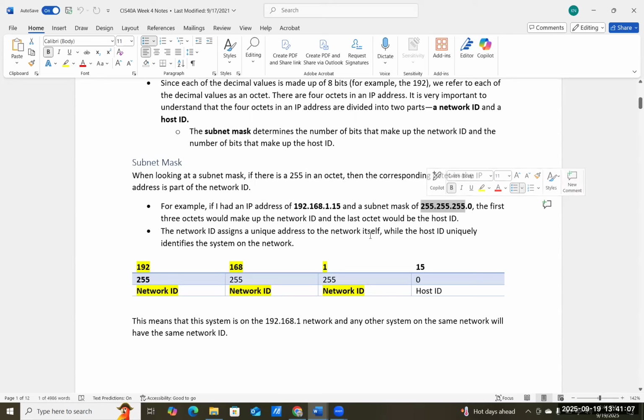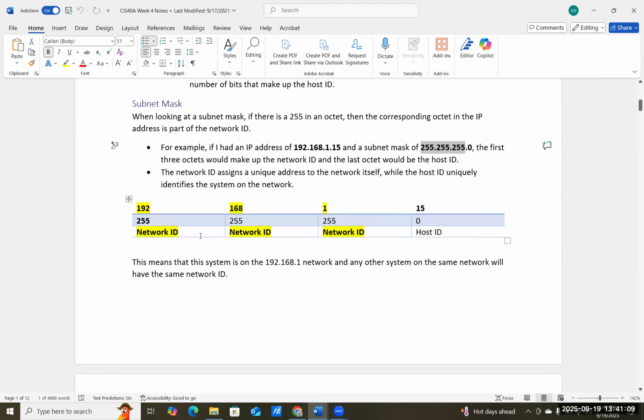So when you look at the value, like I said, network ID, network ID, network ID, and the 0 part of the zip code represents the host ID. In this case, for the IP address 192.168.1.15, that 15 represents that individual system. That could be a laptop, a workstation, or your smart TV.